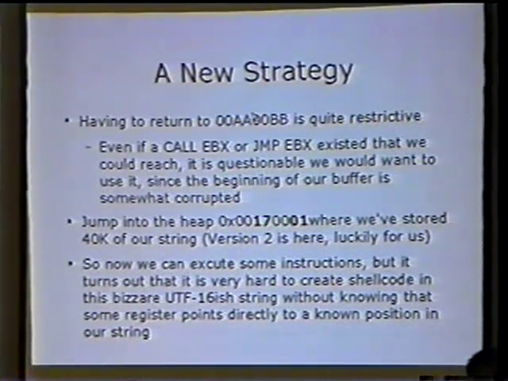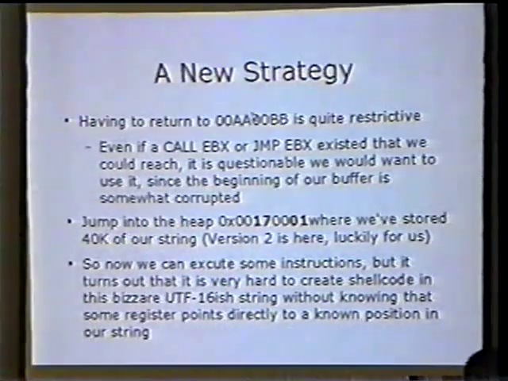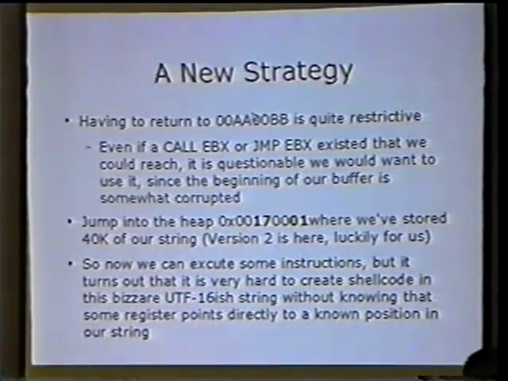And you can make it fairly reliable by controlling a large amount of the heap. You can grow the heap in various ways, but the easiest way for this is just to send a lot of data. And if the heap is reasonably static, or if the process hasn't been touched, then you can pretty much be assured that you're going to be lucky enough to get into your shellcode.